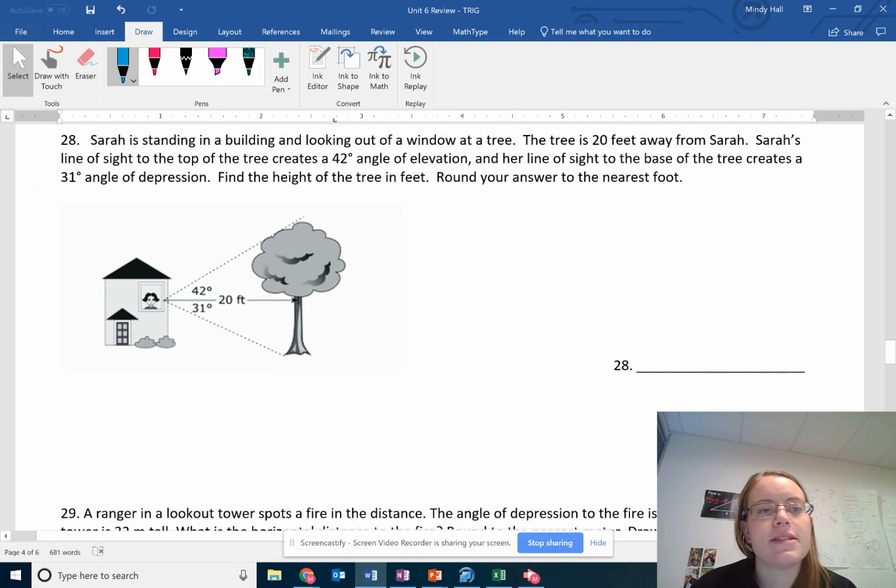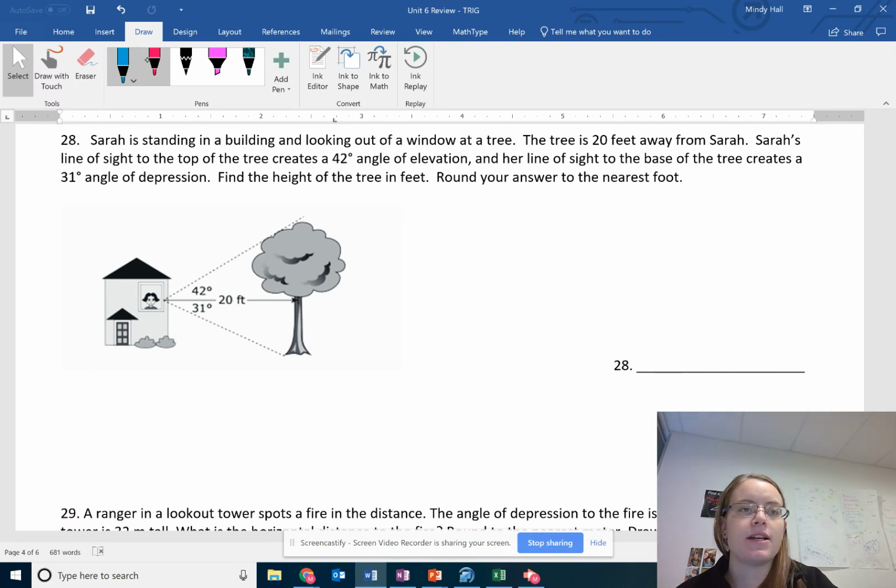So then we have Sarah is standing in a building and looking out of a window at a tree. The tree is 20 feet from Sarah. Sarah's line of sight to the top of the tree creates a 42-degree angle of elevation, and her line of sight to the base of the tree creates a 31-degree angle of depression. Find the height of the tree in feet and round your answer to the nearest foot. Looking at this, again, the picture may or may not be drawn for you.